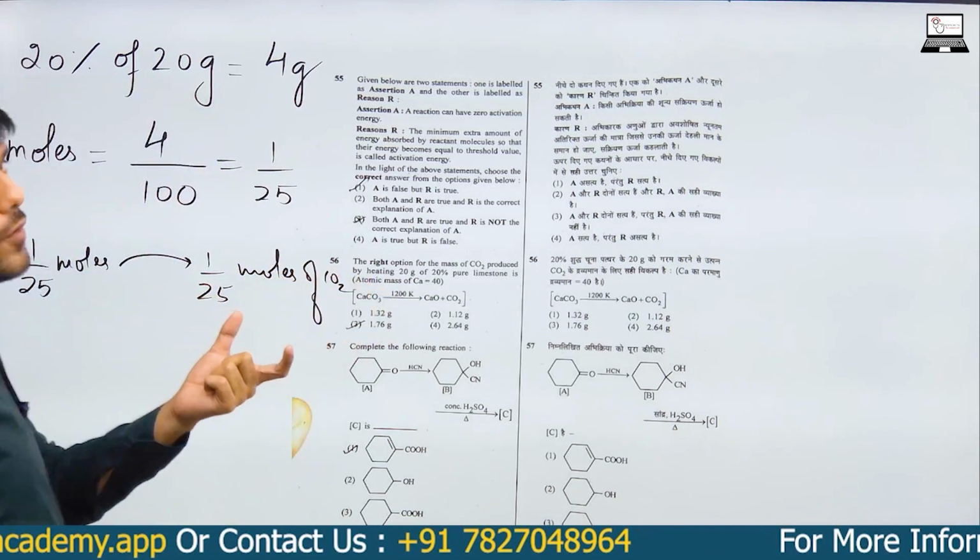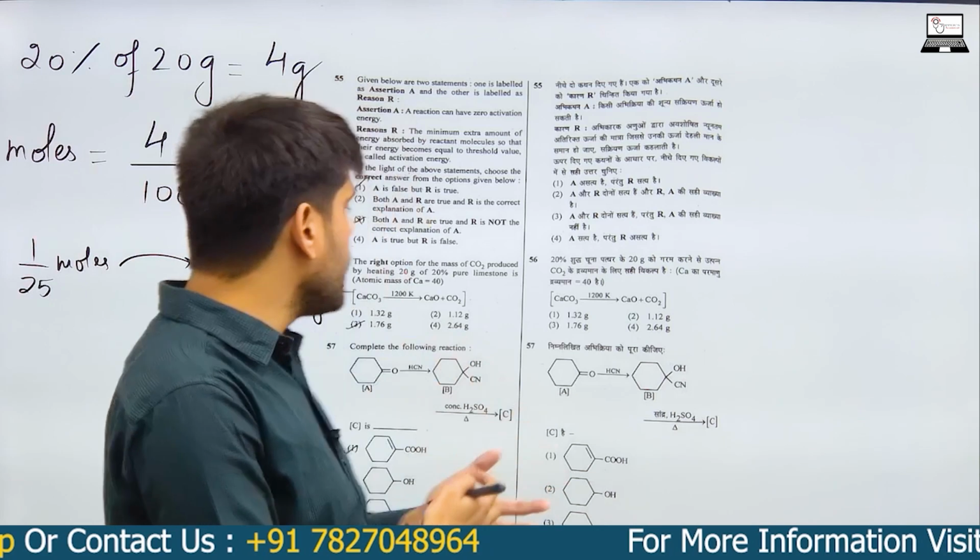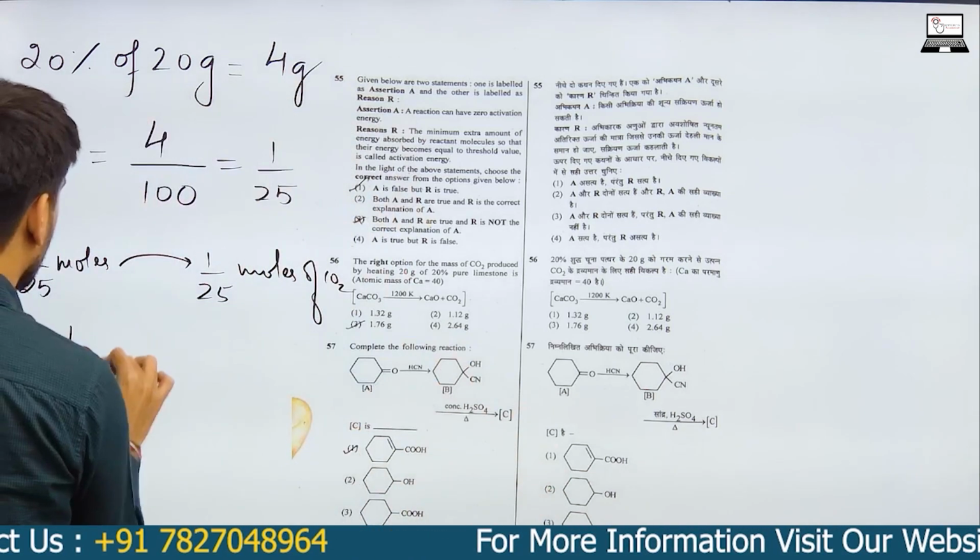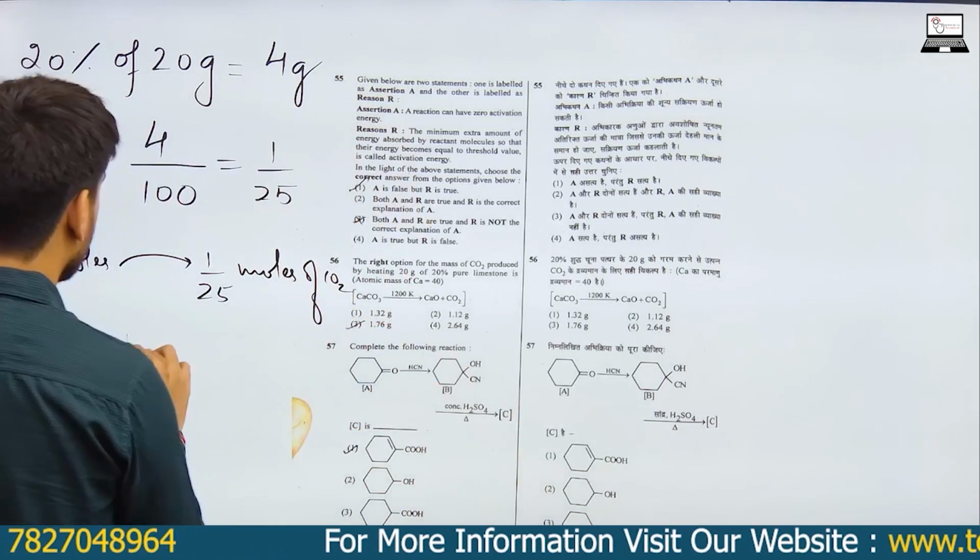Now we have the moles of CO2, we can easily find out the mass, that is moles into molar mass. What is the molar mass of CO2? That is 44.